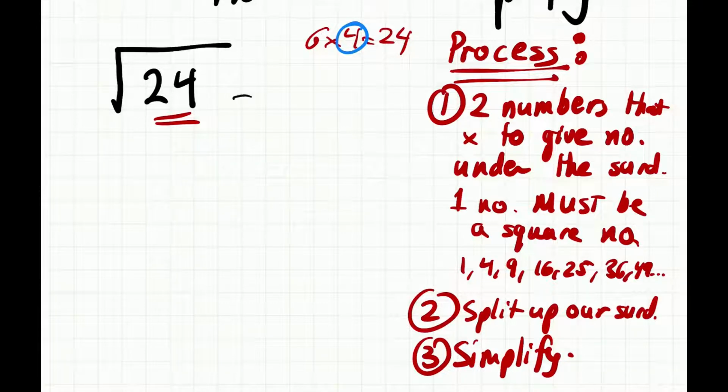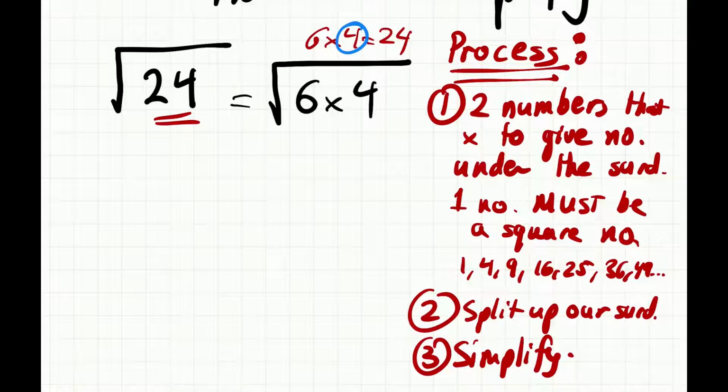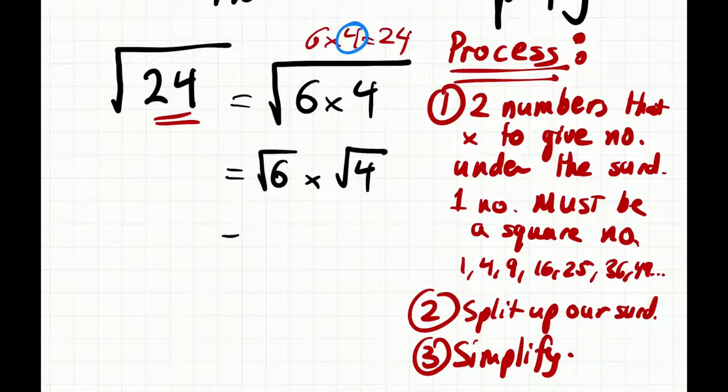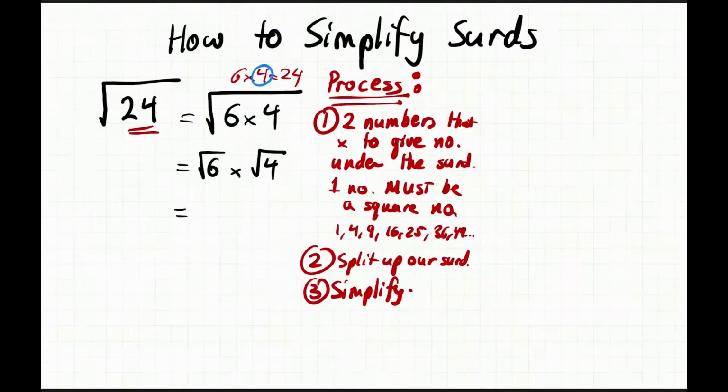Let's rewrite that using the numbers we've just come up with. Instead of root 24, we have root 6 times 4. Then let's split that up into root 6 times root 4, and then simplify. Root 6 can't simplify any further, because there are no square terms that multiply to give it.